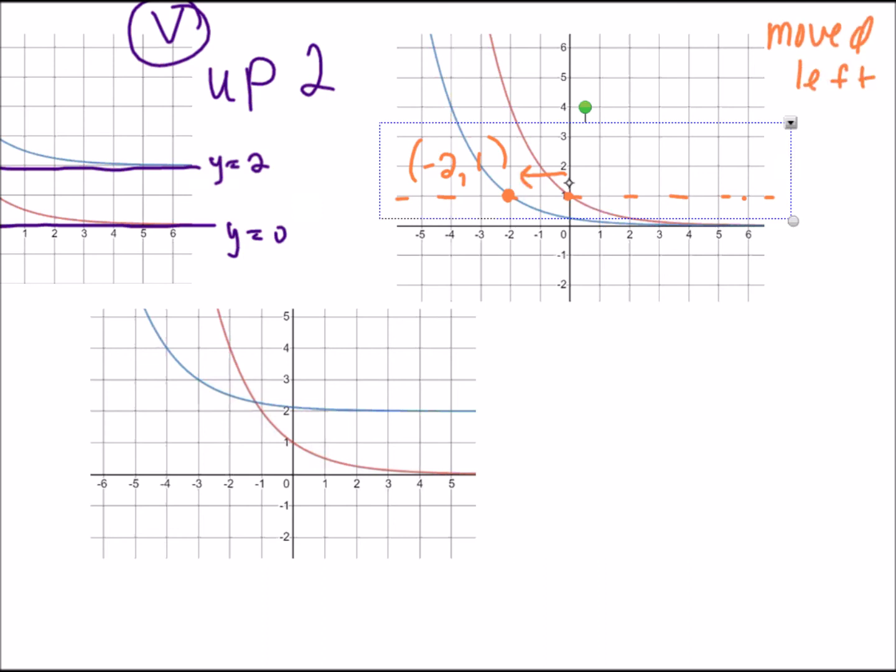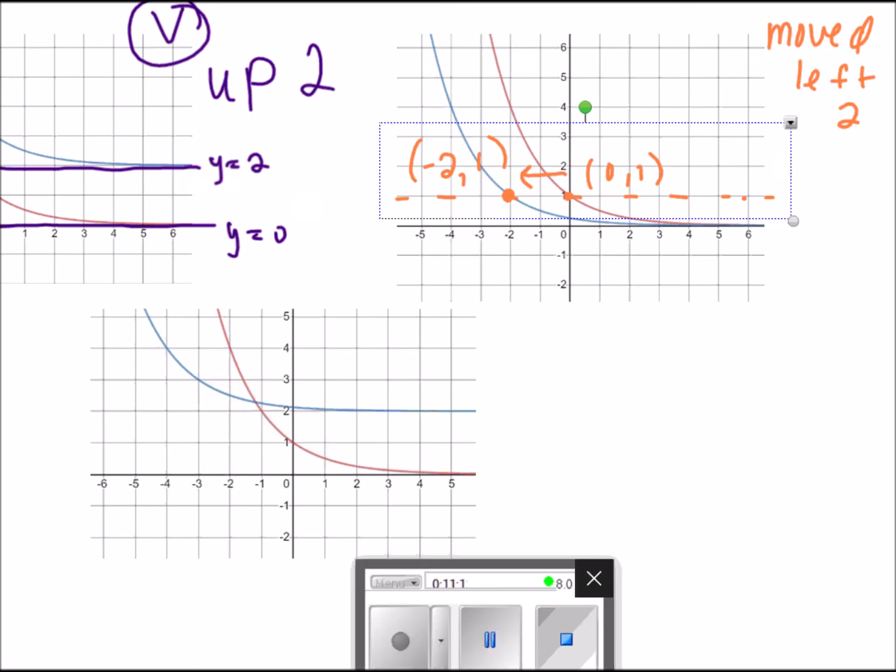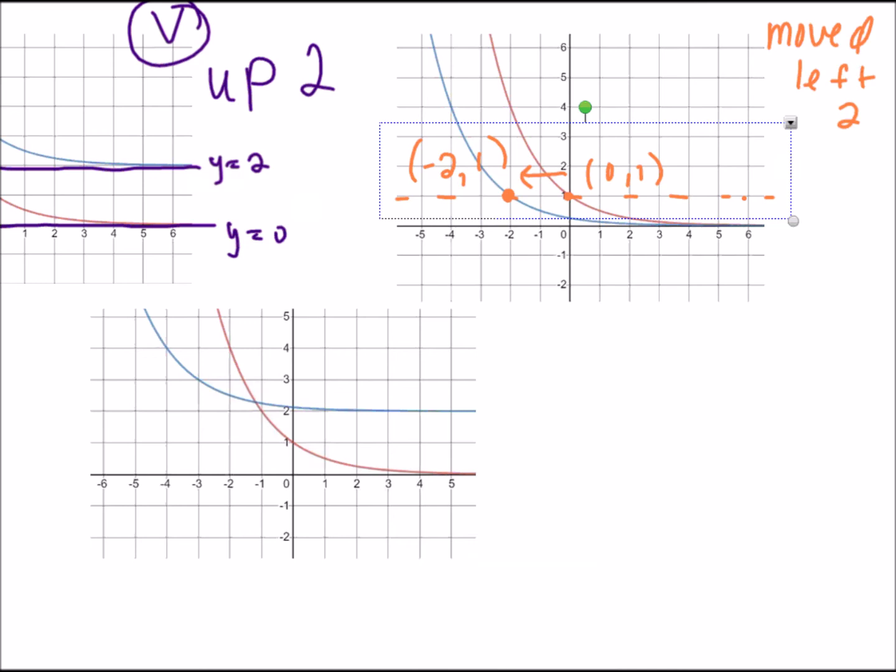And because that point is now, instead of at 0, 1, it's at -2, 1, I know it has moved left 2 spots. It's not that it's moved left -2. That doesn't make sense. If I say I ran -2 miles, that wouldn't make any sense. So when you're describing this shift, you just describe it with a positive number. So this was a horizontal one.